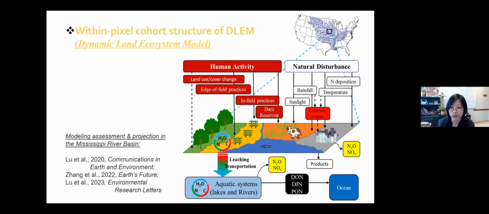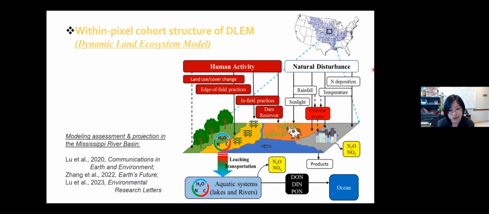For example, to simulate nitrogen loading from the Mississippi River Basin all the way down to the Gulf of Mexico, we use this model and divide the study region into thousands of grid cells. Multiple land cover types can coexist in one grid cell.